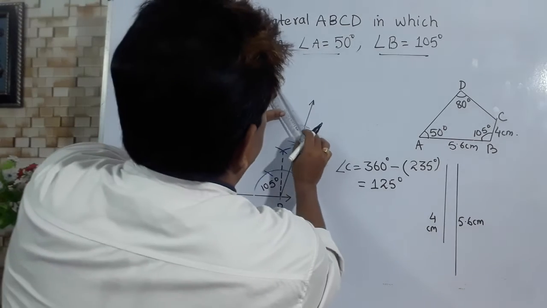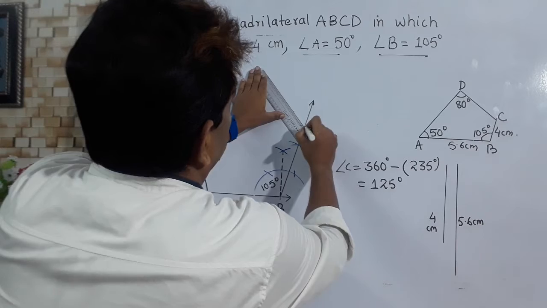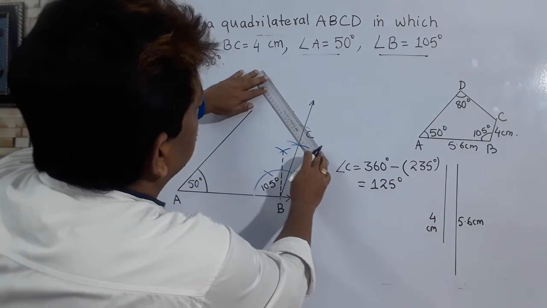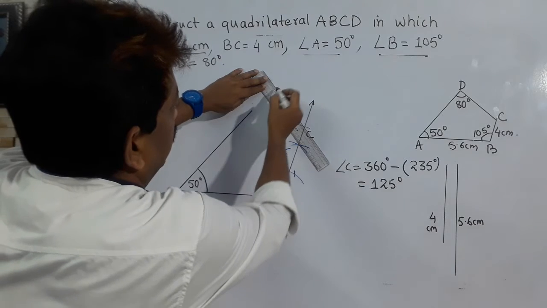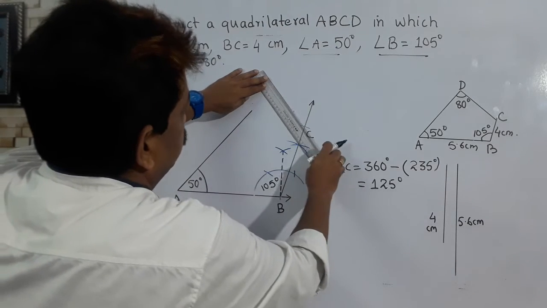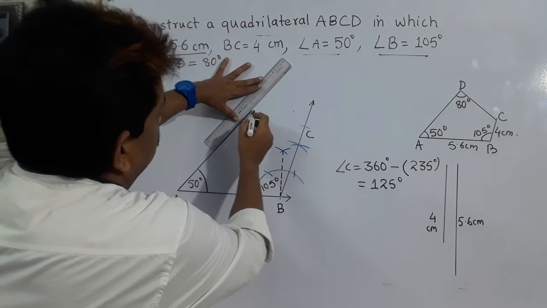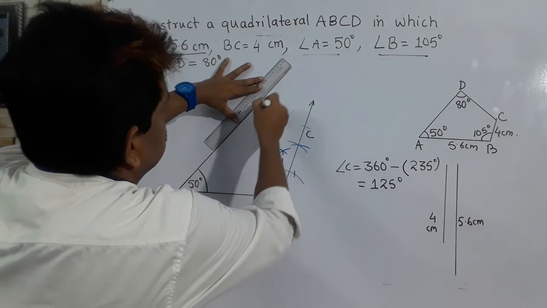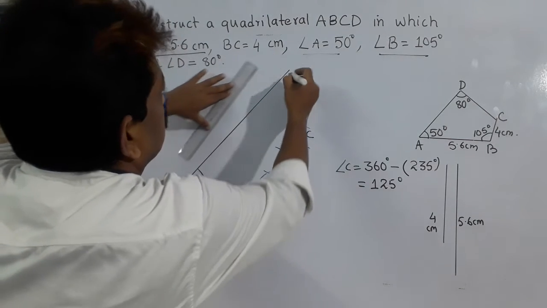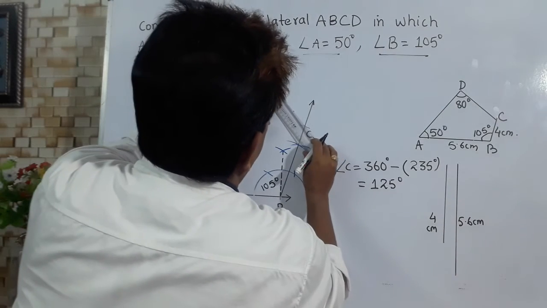Now we have to join these lines, these points. But you can see that the line starting from A is here and it will meet somewhere here. So first of all, let me extend the line, this 50 degree line. Now from C, this 125 degree.